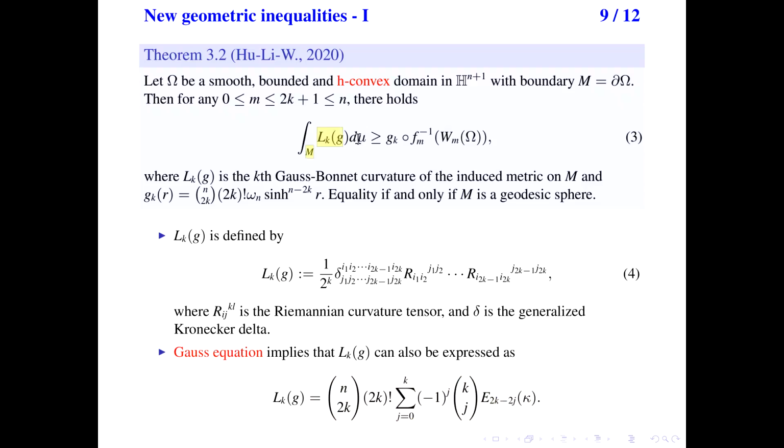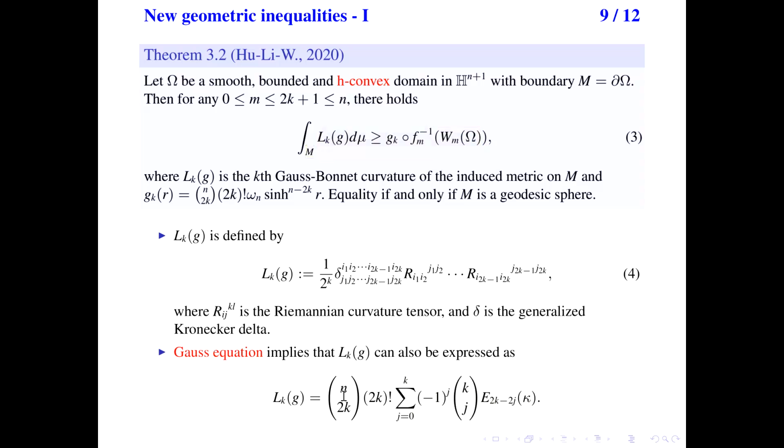So to prove this inequality, we apply the flow by Brendle-Guan-Li, and this flow preserves the right-hand side W_m, and then we need to calculate the evolution equation of the left-hand side.